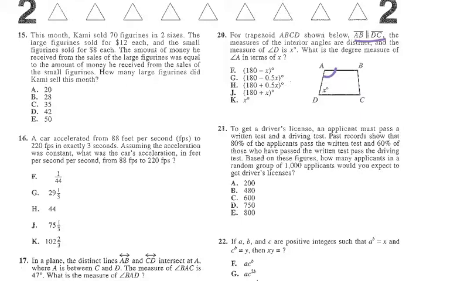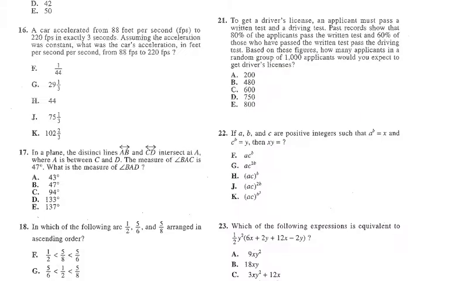Therefore, answer will be F. For 21, first of all, for this 1,000 applicants, 80% will pass the written test. Then, passing the written test for those people, and then the 60% will pass the driving test. Then we just multiplication. That will be our answer. So answer will be B.